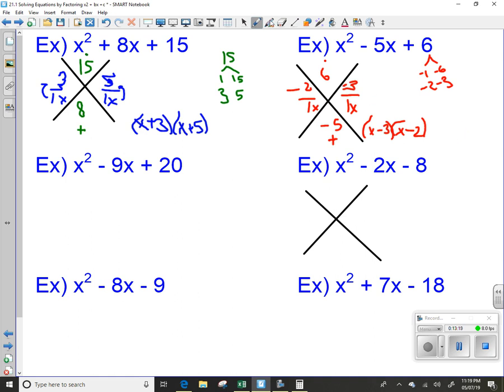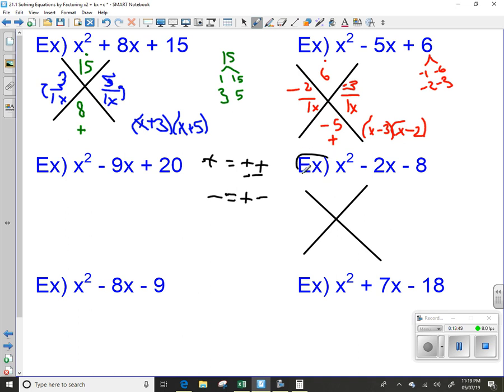So the biggest thing I would make sure you understand is that if I have a positive number, then both of those numbers could be positive when I'm multiplying, or both could be negative. If I have a negative number for my a times my c for the top of the x, then I'm going to have one positive and one negative.